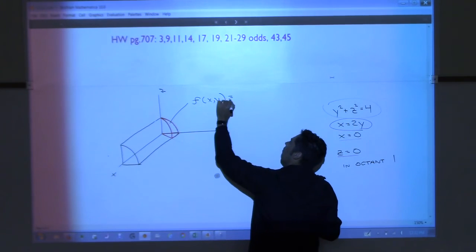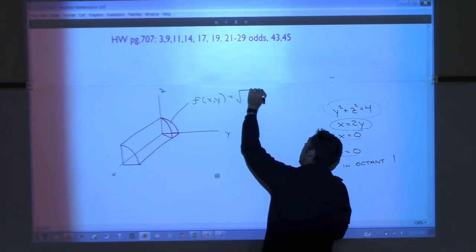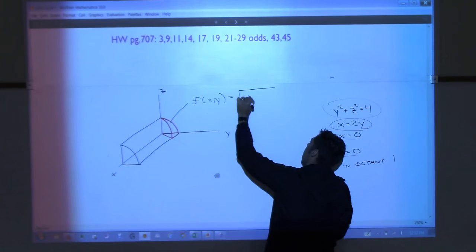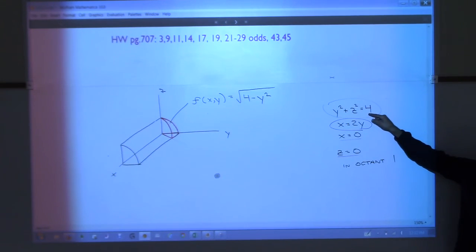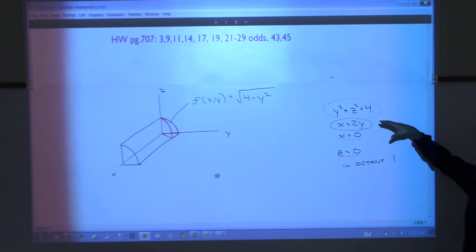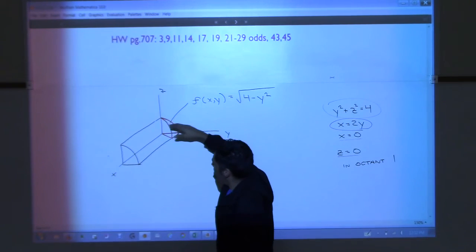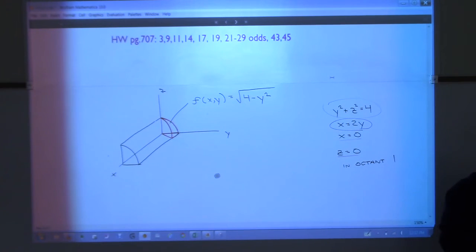Square root of 4 minus y squared. You're solving this for z, right? Remember when we had the plane in the previous problem and we solved it for z? Same thing here. This is the top surface. What's the bottom of this solid? 0, right? The xy plane. So z equals 0 is the bottom.